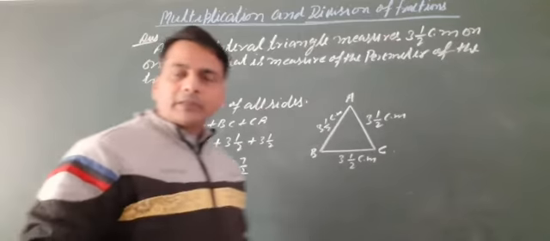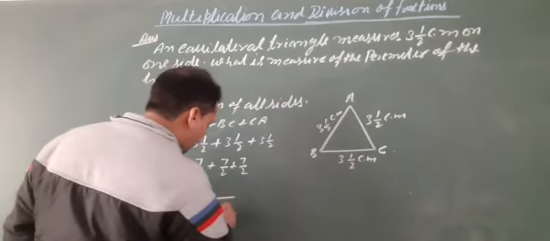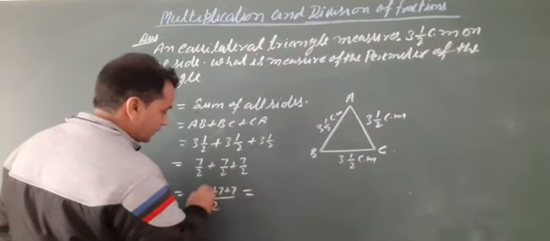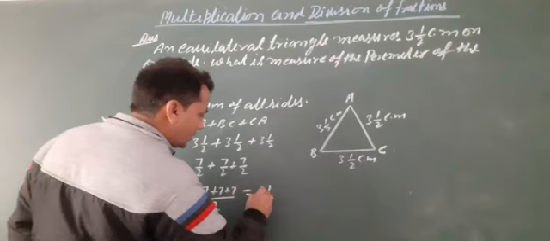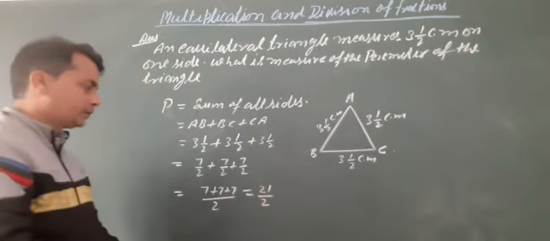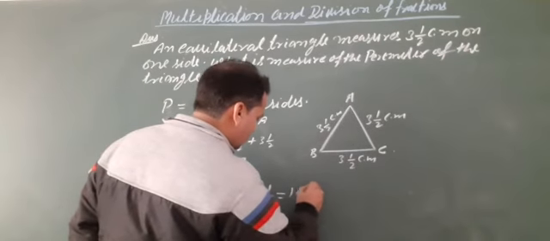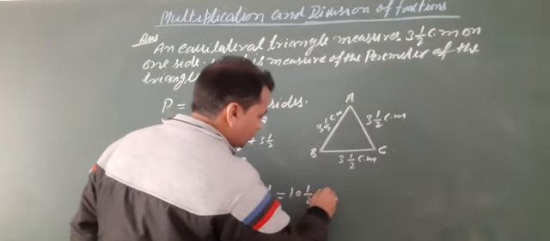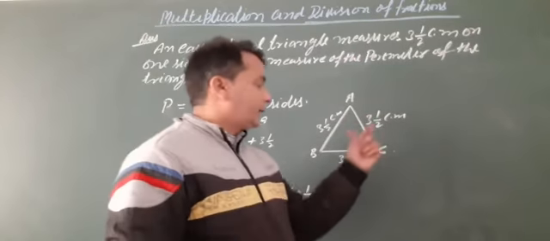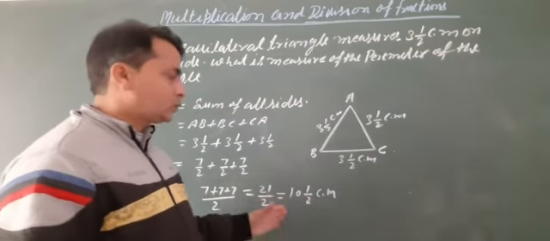Then all the denominators will be the same. Then the LCM is 2, and 7 plus 7 plus 7 is 21, so 21 by 2, that is 10 whole 1 by 2 centimeter. So in this question, the answer will be 10 whole 1 by 2 centimeter.